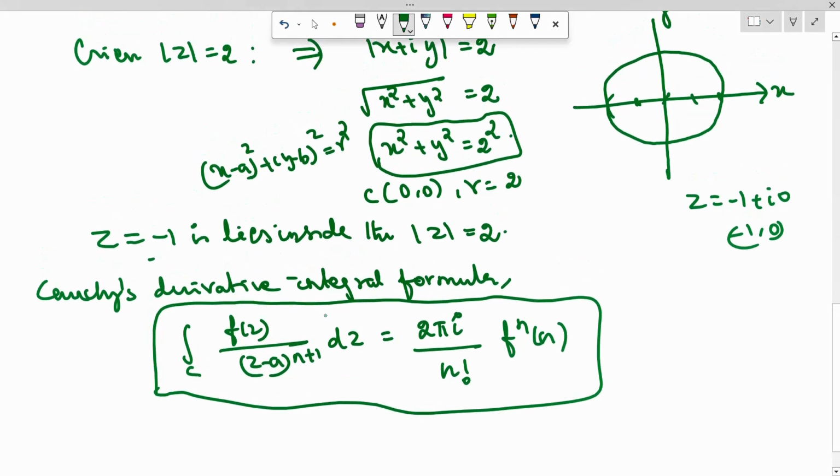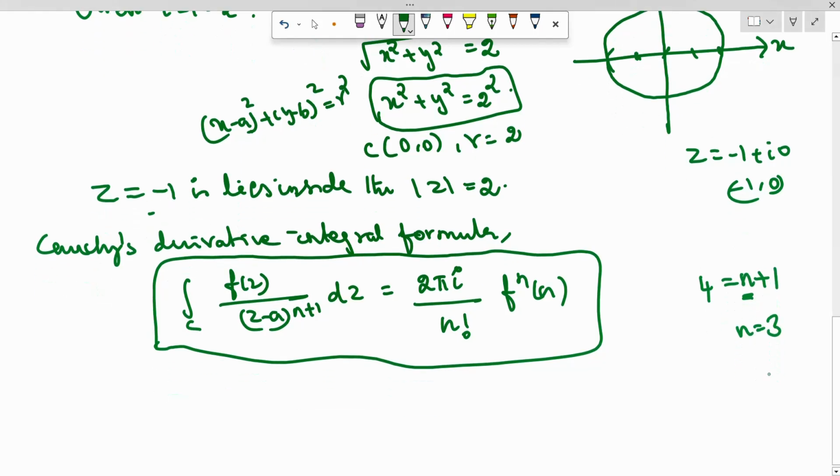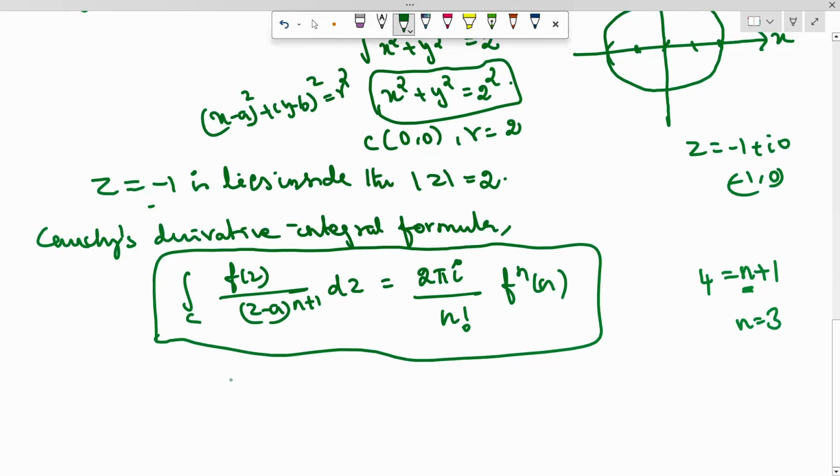In this problem power value is 4. Just compare with the formula. In the formula power value is n plus 1, which means here n is 3. In this general nth derivative formula, substitute n is equal to 3.